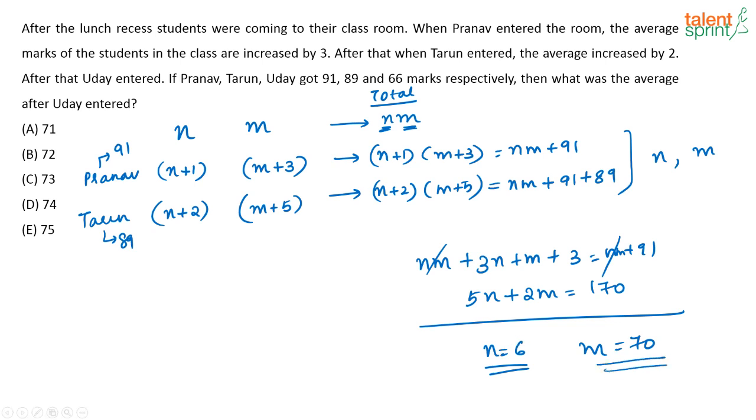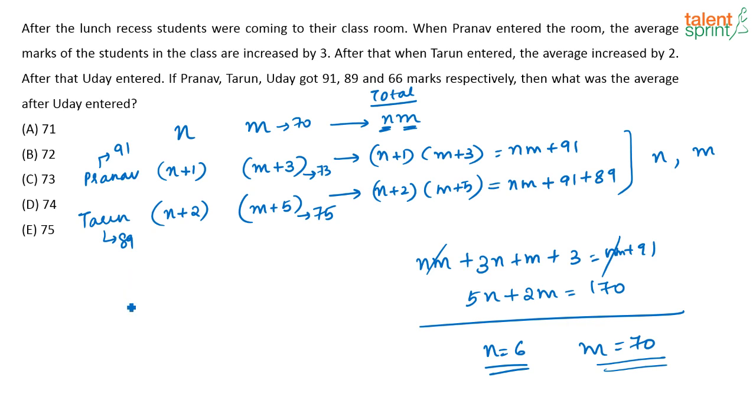Now what is the question? If Pranav, Tarun and Uday got so much mark respectively, then what was the average when Uday entered? Earlier the average was 70. First the average was 70, then it has become 73, and finally it's become 75 when Tarun entered. So the question is, what was the average after Uday entered?